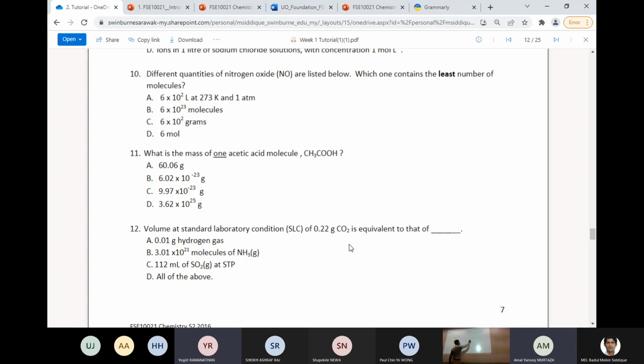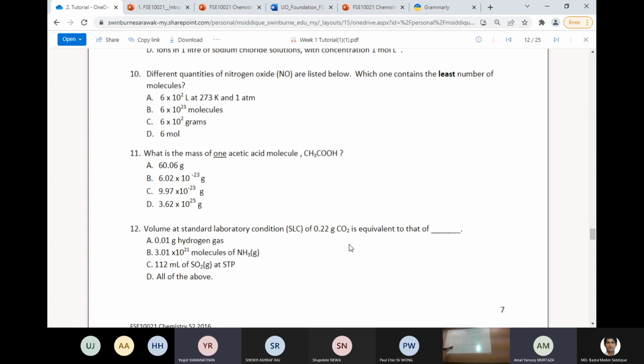Yeah, this many has 60 grams. So 60 divided by 6 times 10 power 23, so one molecule will have this amount.